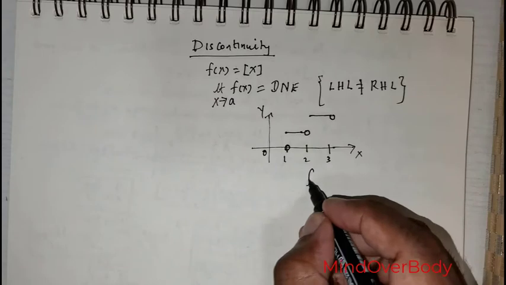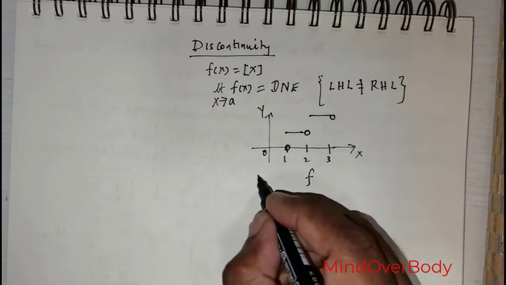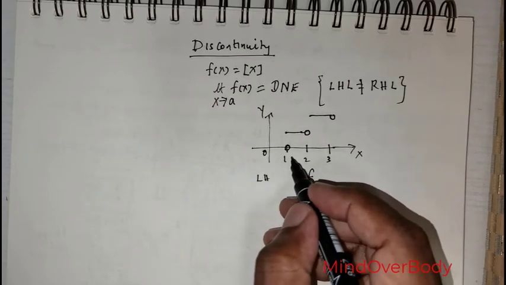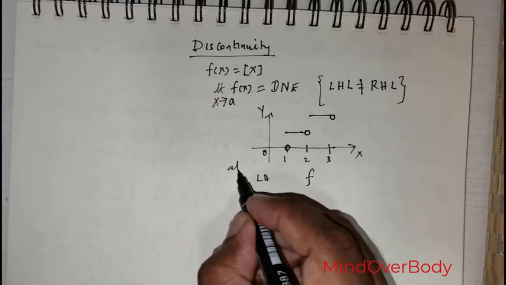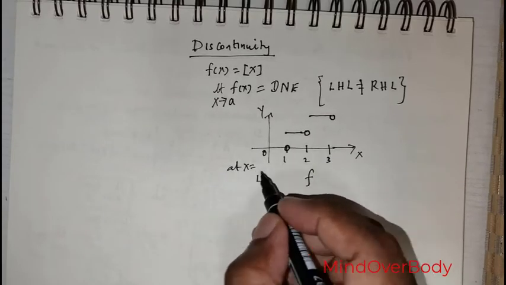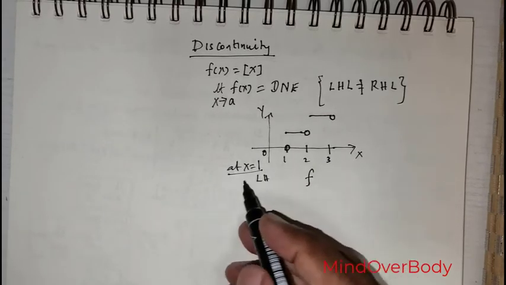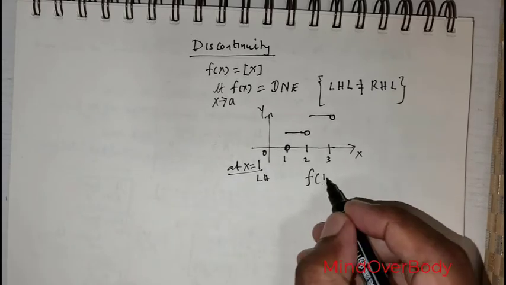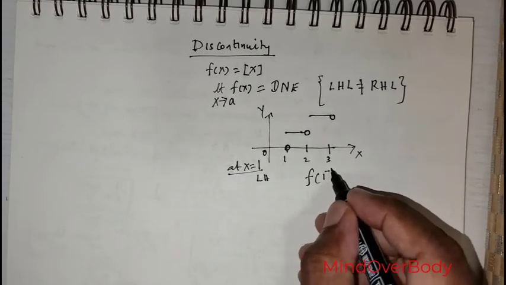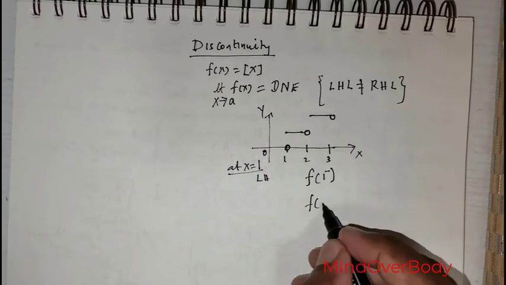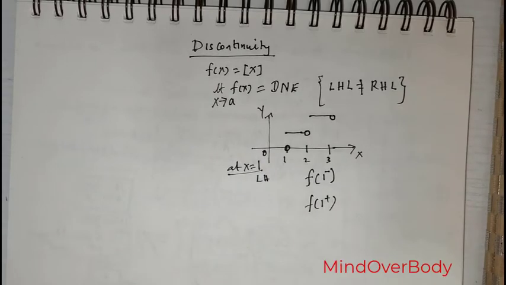Now if you were to take the limits, say I want to find out the continuity at a point, say at x is equal to 1. I want to know if the function is continuous or not. So we would obviously check for f of 1 minus, and then we would check for f of 1 plus, right?